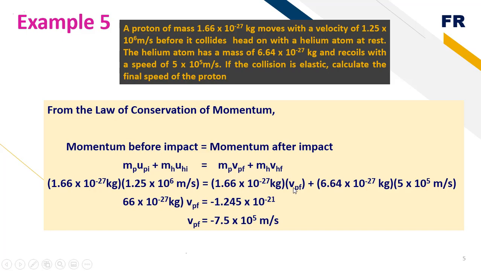And we want to determine the final velocity of the proton, v of proton final. So we substitute the values for the total final linear momentum. Calculating, we have v of proton final is negative 7.5 times 10 to the power of 5 meter per second.